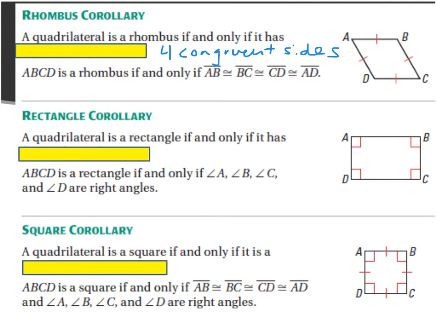Remember, if and only if means that this is a biconditional, so it goes both ways. So if it has 4 congruent sides, then the quadrilateral is a rhombus.